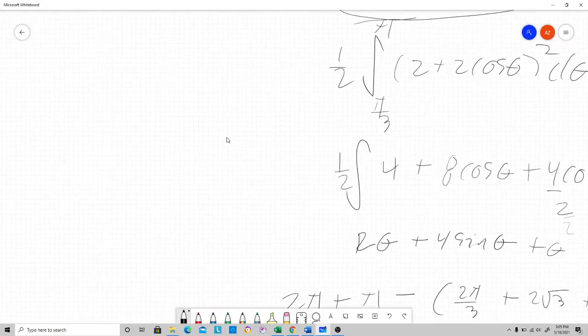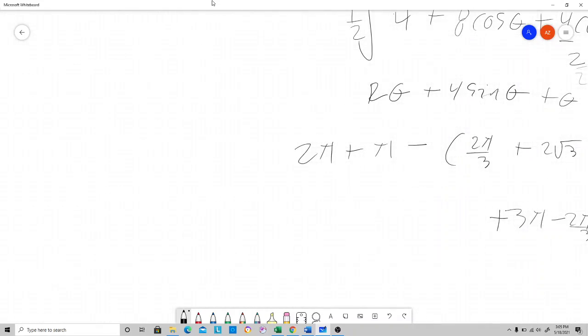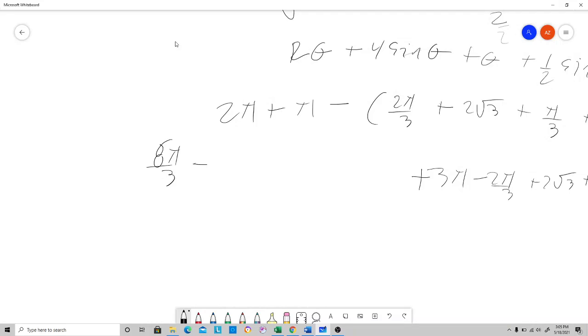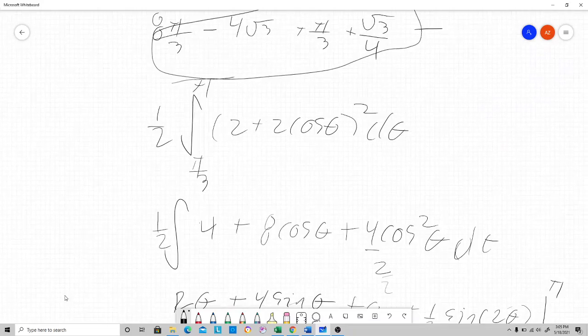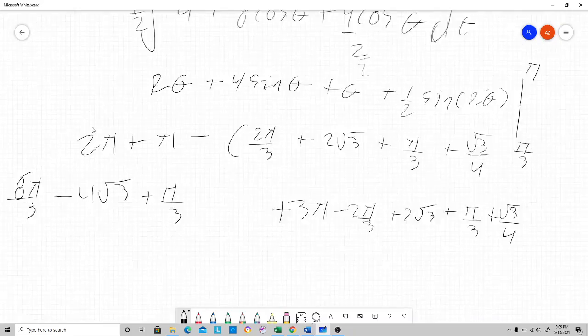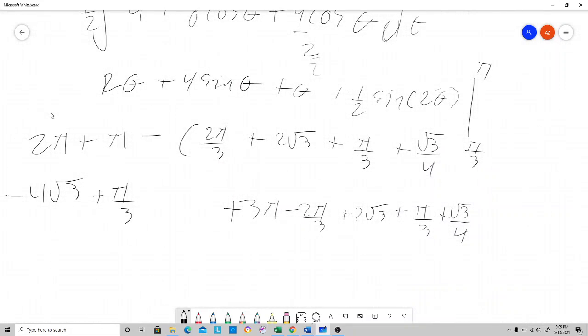So this should be 8 pi over 3 minus 4 square root of 3 plus pi over 3 plus square root of 3 over 4.